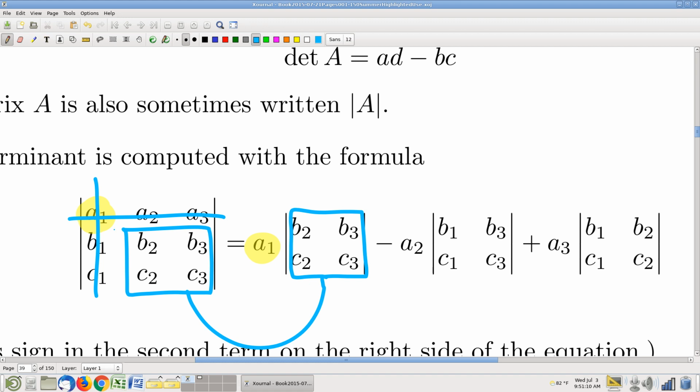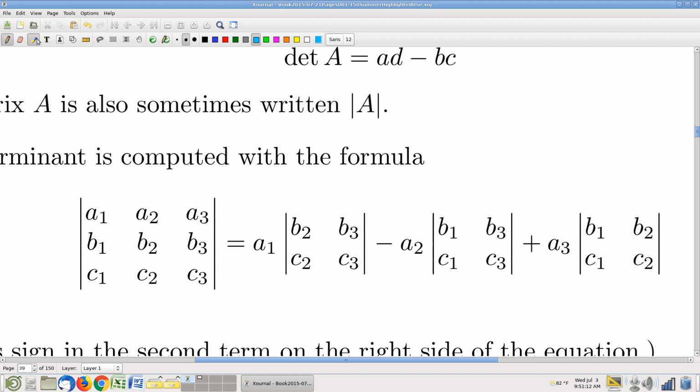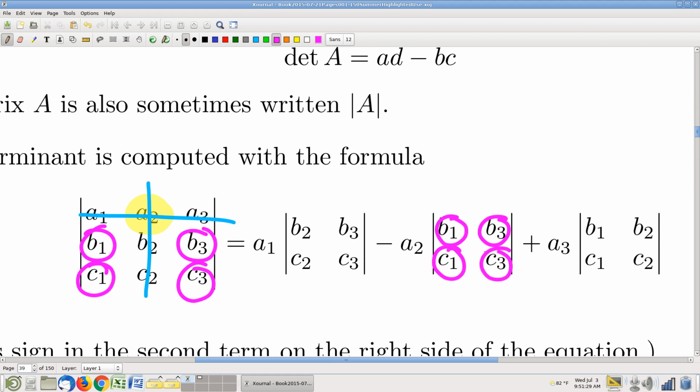So let's look at the next term. We look at the second entry on the top row, cross out the row and column, look at the remaining 4 entries. That makes a 2 by 2 submatrix, and we take the determinant of that. All right, and so on for the third term.